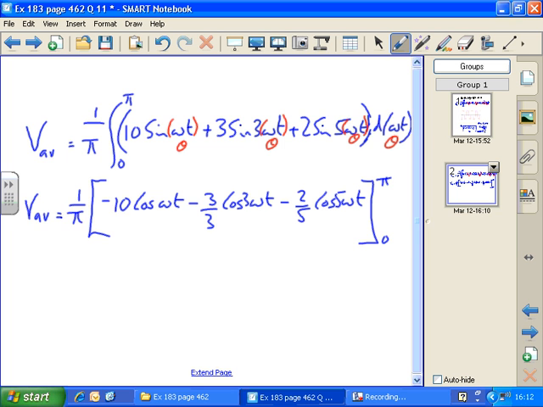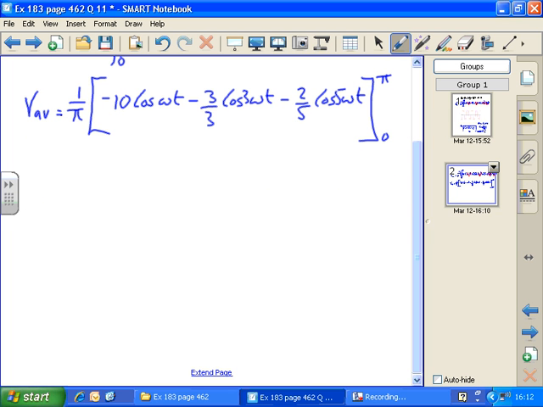And then we just put the limits in. See if you can finish from there, not forgetting that omega t equals pi would be the first limit to put in. So the average equals 1 over pi.